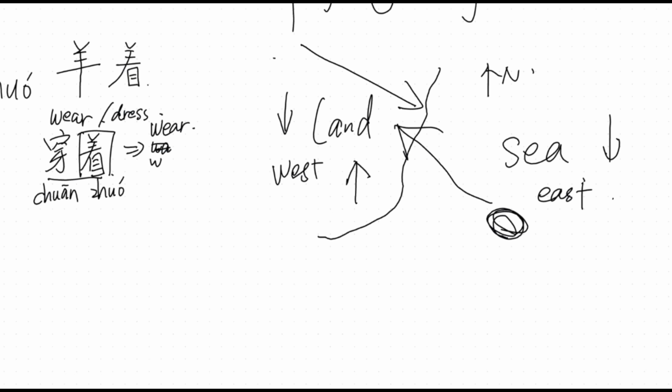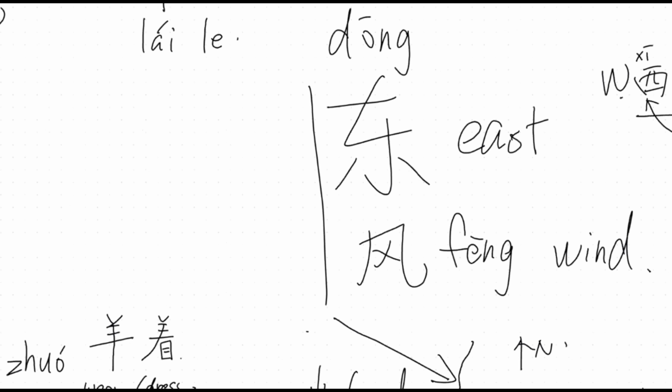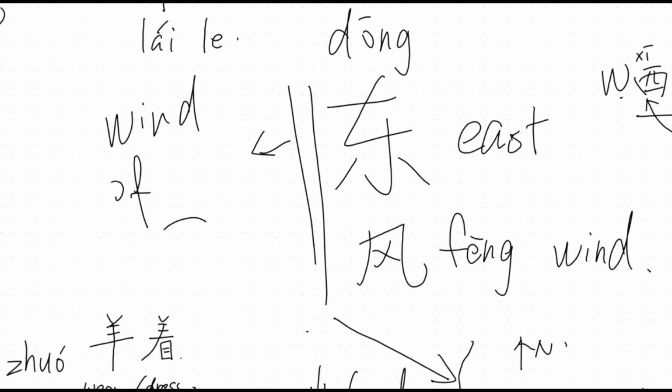So for Chinese people, when the wind blows from the east, it means rain, or it's getting warmer. So here, 东风, the wind of spring. Okay, we understand this part?